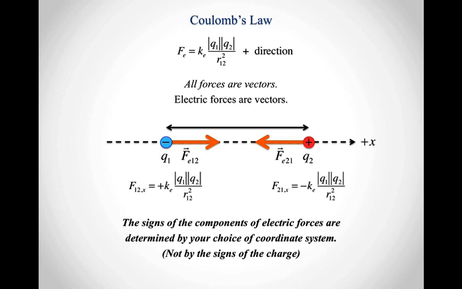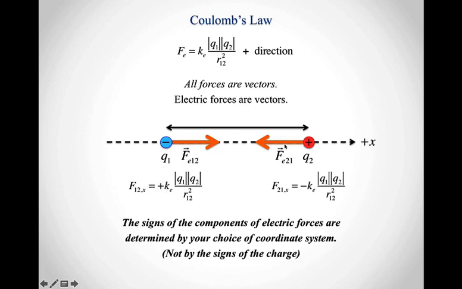And so the sign that we end up using when we write out the components for these vectors is due to our choice of coordinate system. Just like in all of our vector problems, the sign is really determined by which direction you pick to be the positive direction. So in this example, let's say we've picked positive x pointing to the right. Well, that means the force on charge 1 by charge 2, which points to the right, is going to be positive.